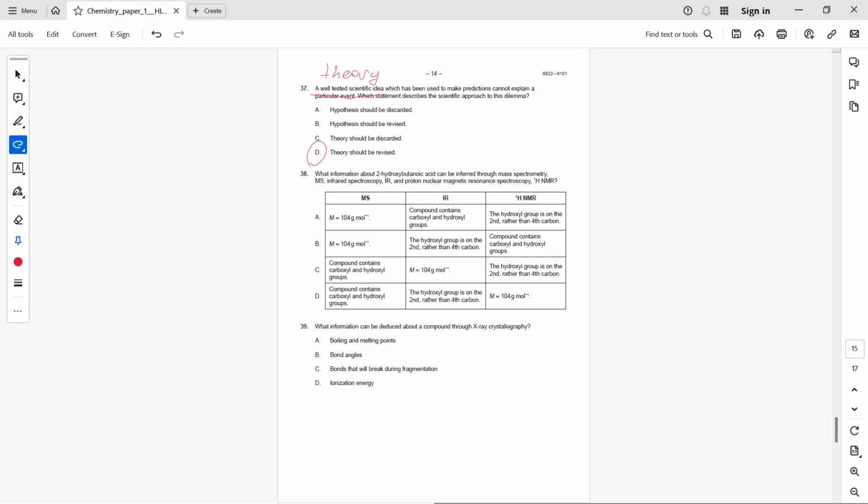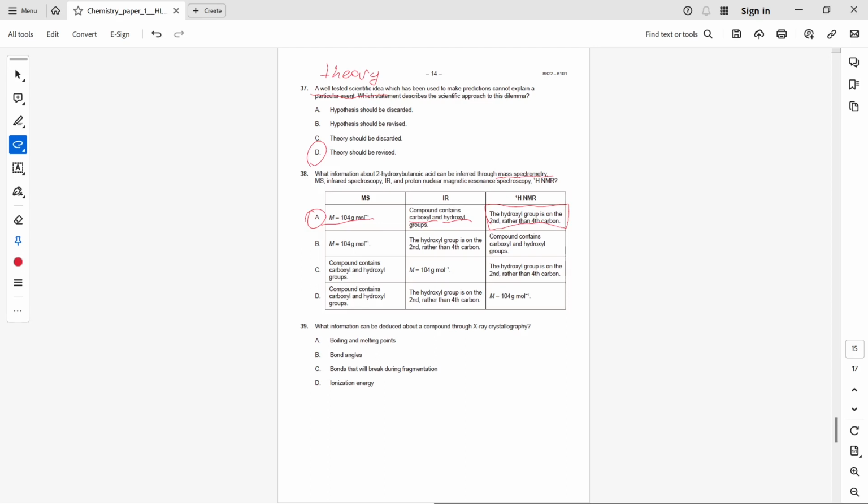For the next question, of course, mass spectroscopy gives us the mass of the molecule, right? Infrared spectroscopy usually works for carboxyl and hydroxyl groups, and proton magnetic resonance can show us this aspect because of the signals of different hydrogen atoms.